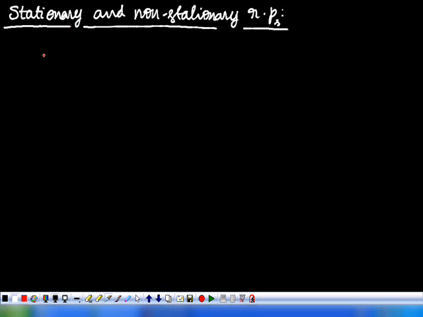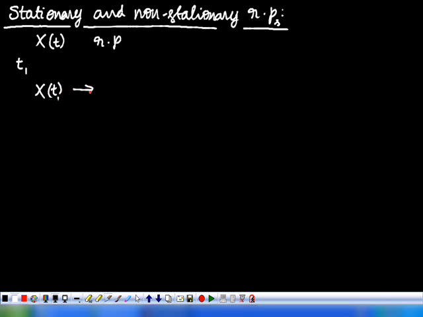Let x of t be a random process, and we observe the random process at t equivalent to t1. Then the random variable that we obtain is x of t1.